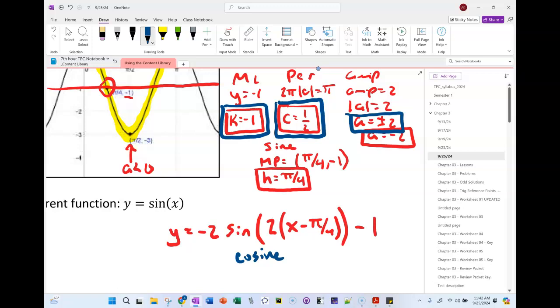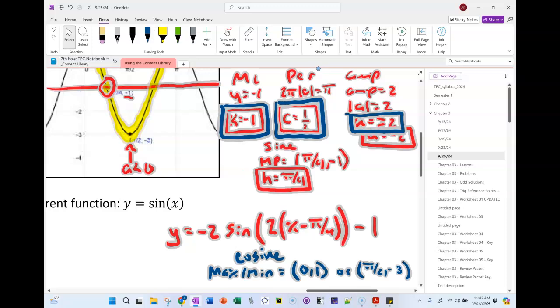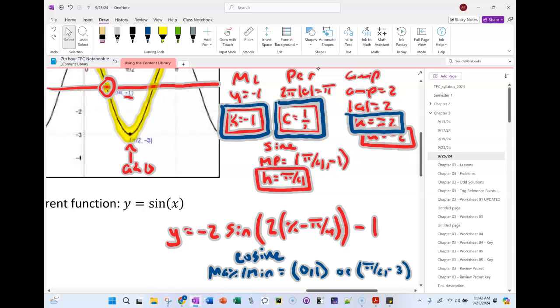Great question. Which points do I need to use if I'm going to use a cosine? I need to use a max or a min, an extrema. So if I did the maximum, that was 0, 1, or I could have done the minimum, which was pi over 2, negative 3. Those were the ones that were labeled in my picture.